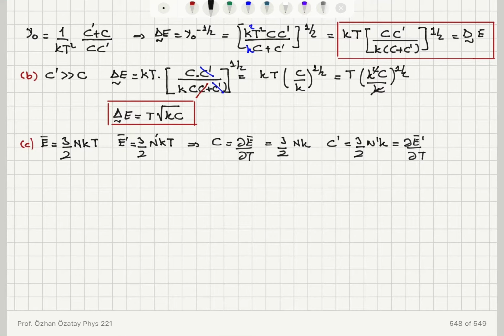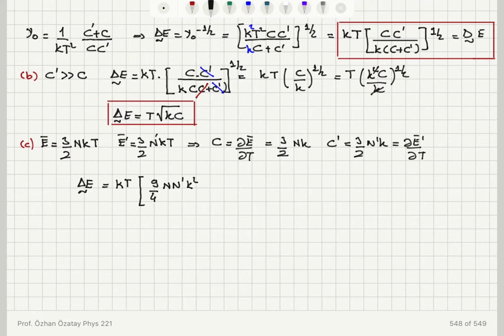So for delta E tilde, I have kT times C prime, that would be 9 over 4 capital N prime k squared.